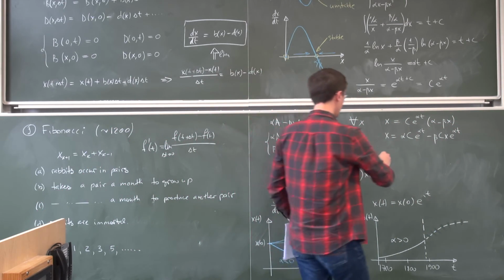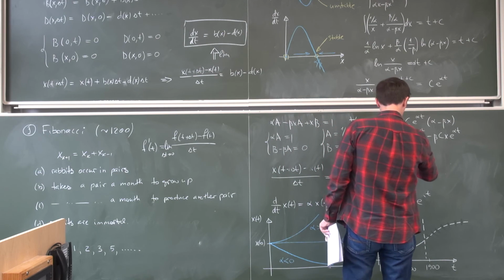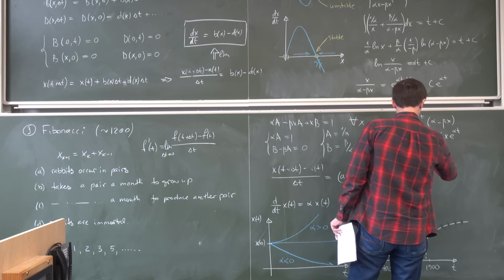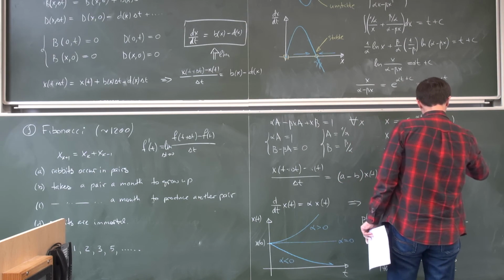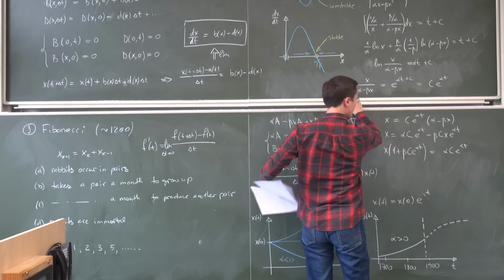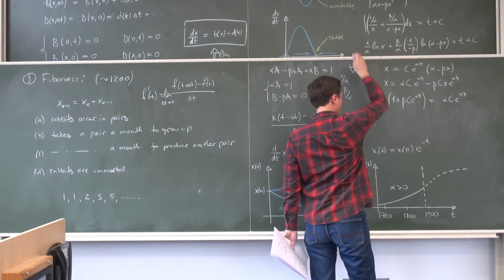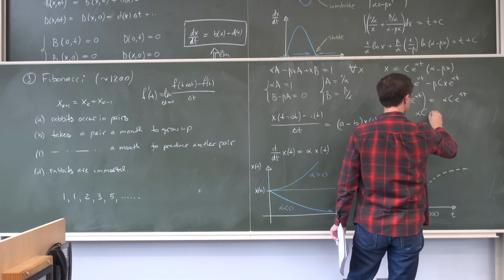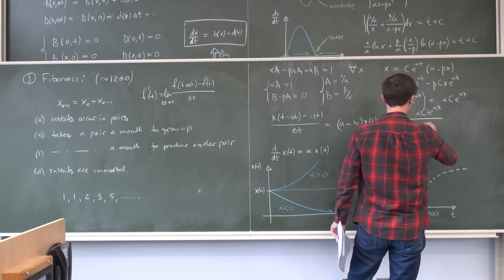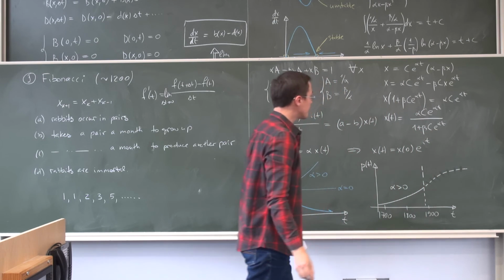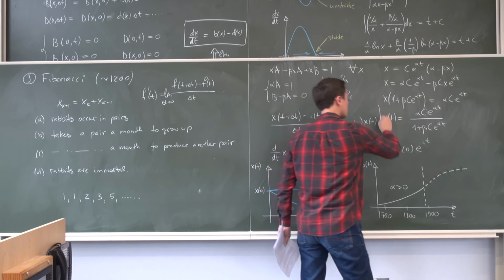So we have here x(1 plus beta c e^(alpha t)) is alpha c e^(alpha t). And finally, our x as a function of time is alpha c e^(alpha t), and this is over 1 plus beta c e^(alpha t), where c is an arbitrary constant that depends on the initial condition.